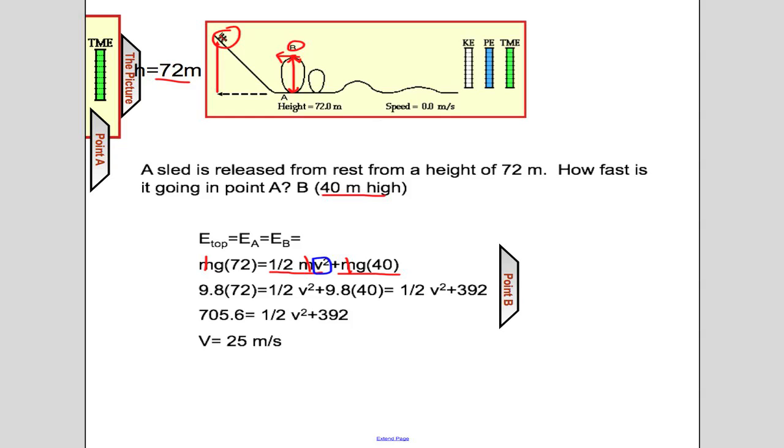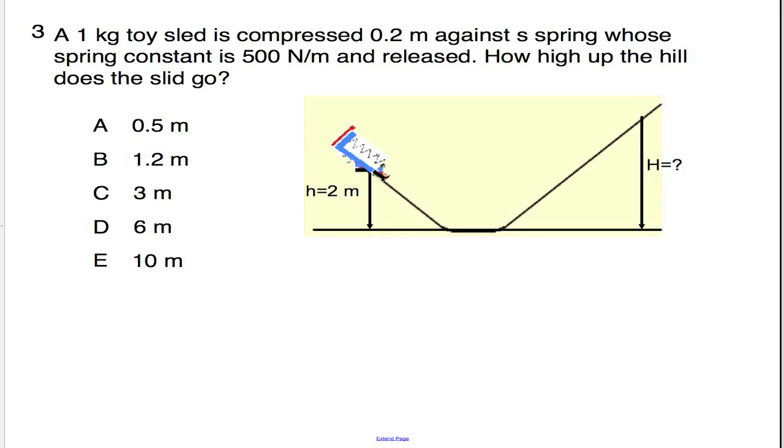Let us add a spring now to the situation. In this case, a toy sled is compressed 0.2 meters against a spring whose spring constant is 500 newtons per meter, and released. And the question is, how high does it go?